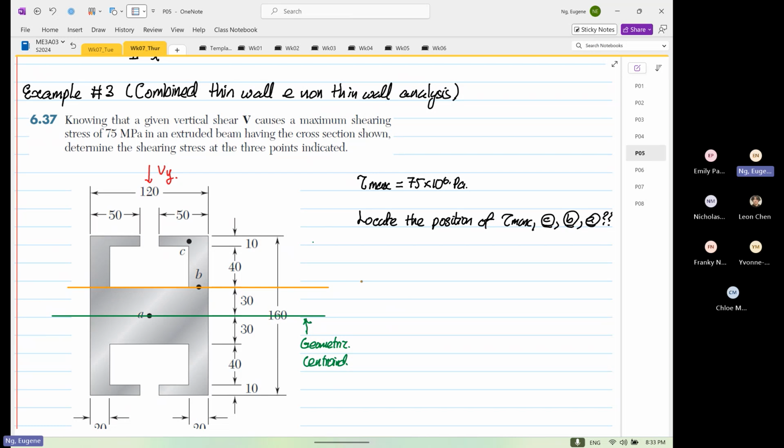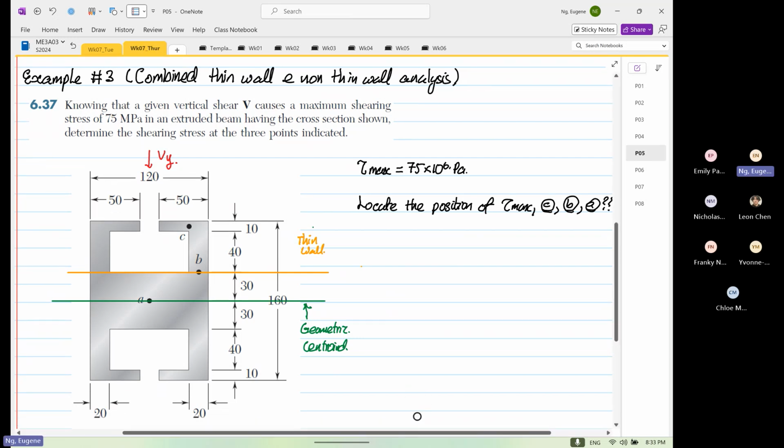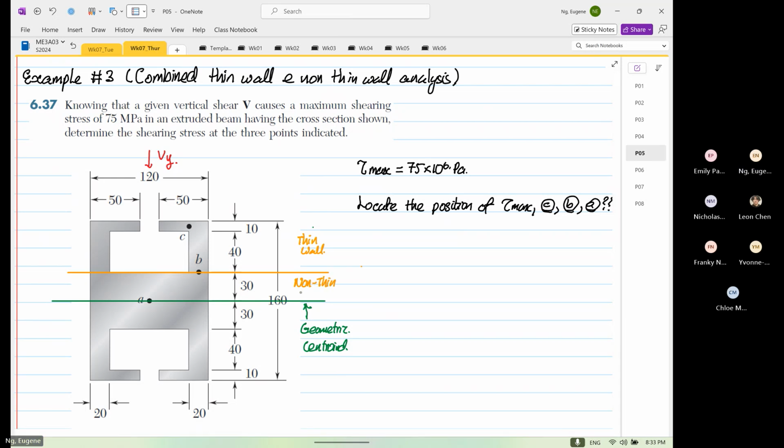Okay, so above the orange line is thin wall. Between orange line and the green line is non-thin wall. Okay, and the same at the bottom, but our first moment of area cannot cross the centroid.